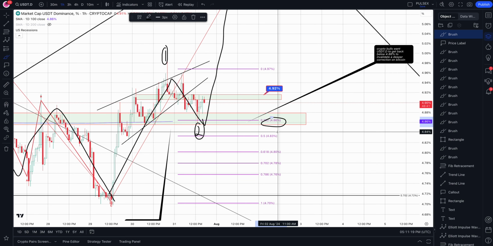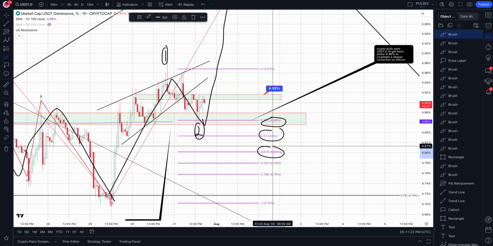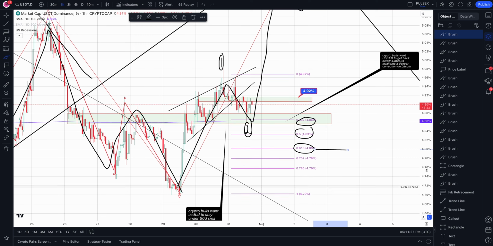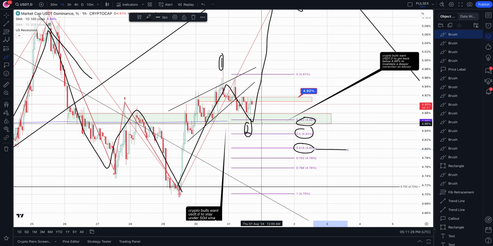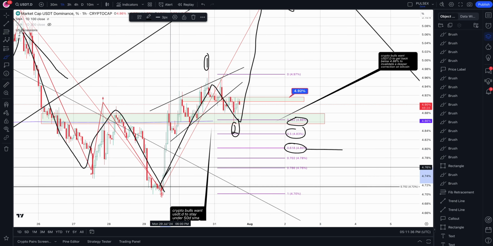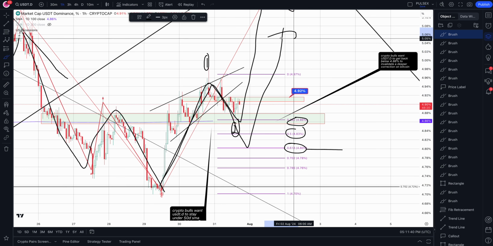Now it may come down to the 50% and the 61.8% fib, but if you go below 4.8%, then it's likely Bitcoin will continue higher out of its range. Because this wave 2 can come down over here and then we come up for a wave 3.